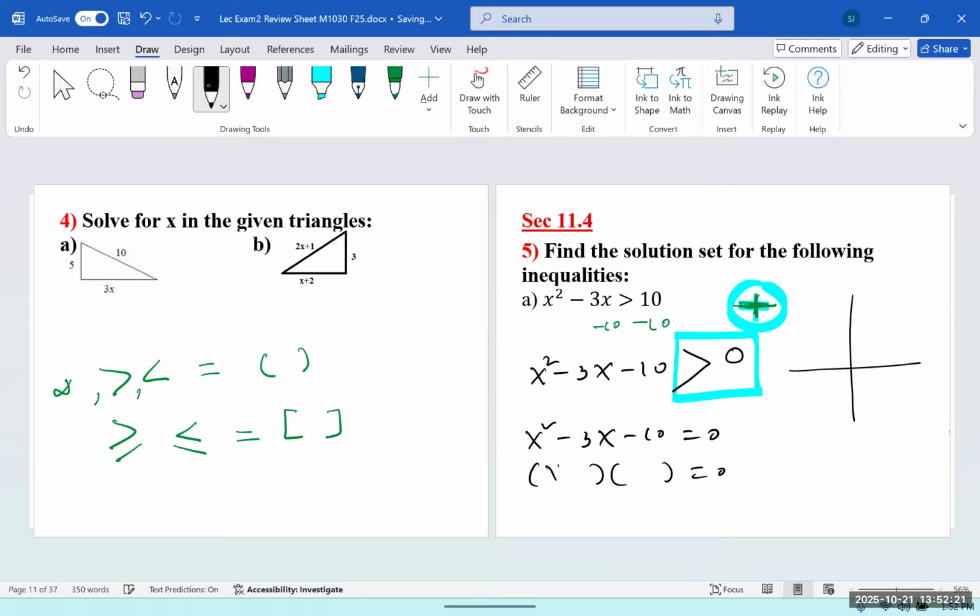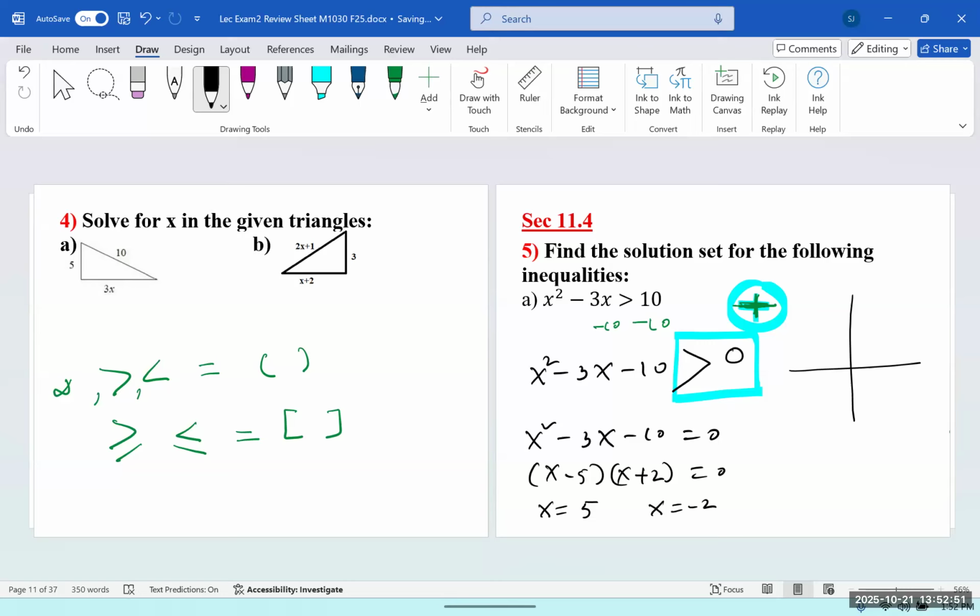What 2 numbers multiply to negative 10 and combine to negative 3? -5 and +2. -5 minus 2 is -7, but you're not looking for 7, you're looking for 3. So -5, +2. So that gives us x equals 5 and x equals -2.